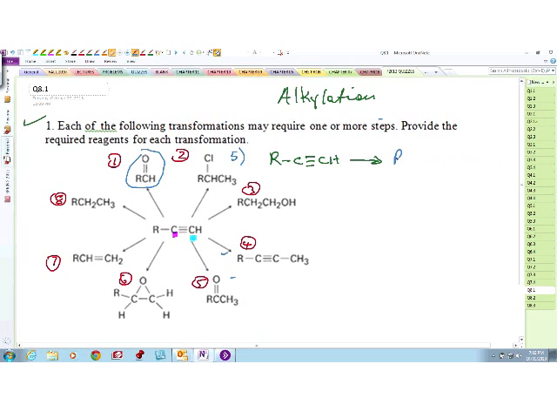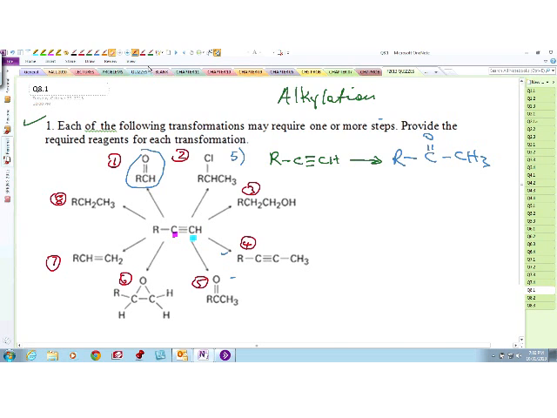Now they want us to go from, this should be fairly easy. Everybody should get this. What reagent do we need for that? Can we go directly from the terminal alkyne? Yes, we can do that. And what reagent?